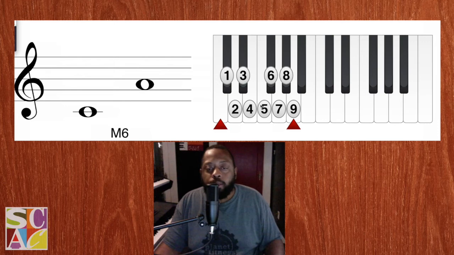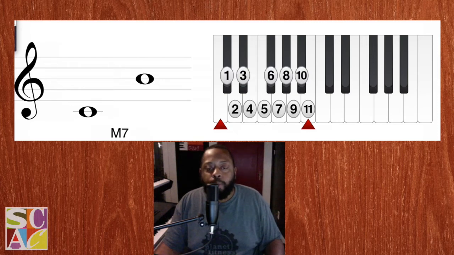From E to F is 5. From F to F sharp is 6. From F sharp to G is 7. From G to G sharp is 8. And from G sharp to A is 9. So from C to A is considered a major sixth.